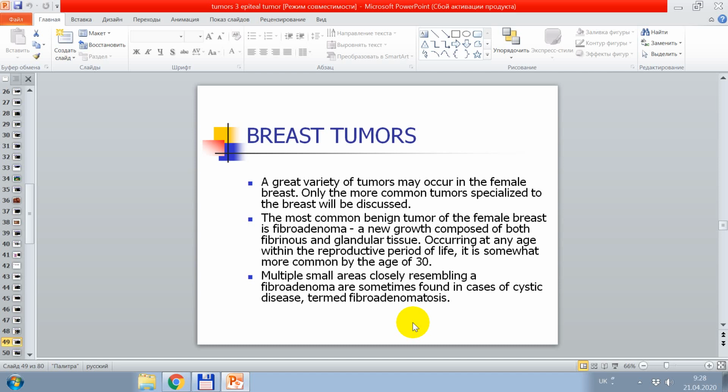Occurring at any age within the reproductive period of life, it is somewhat more common before the age of 30. Multiple small areas closely resembling fibroadenoma are sometimes found in cases of cystic disease termed fibroadenomatosis.